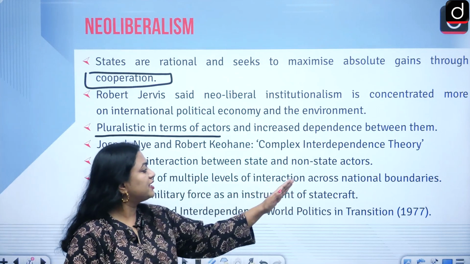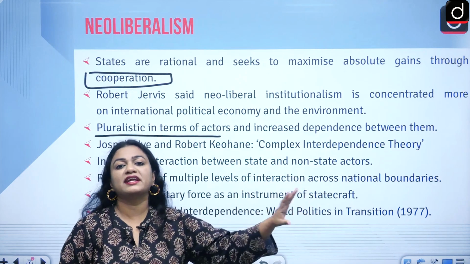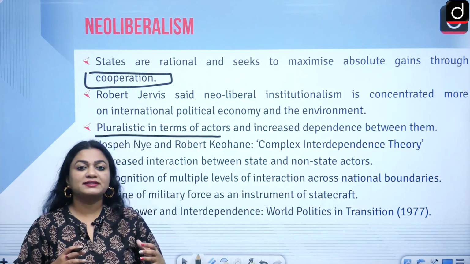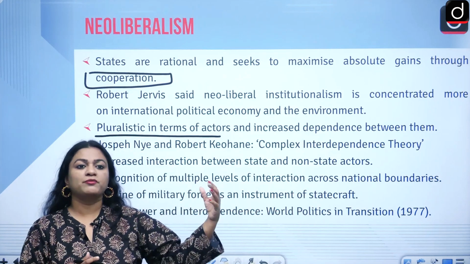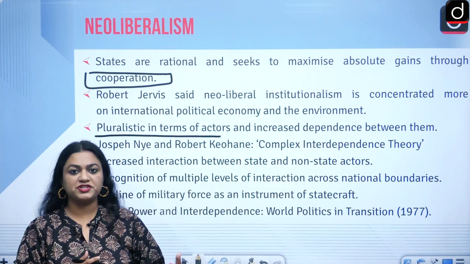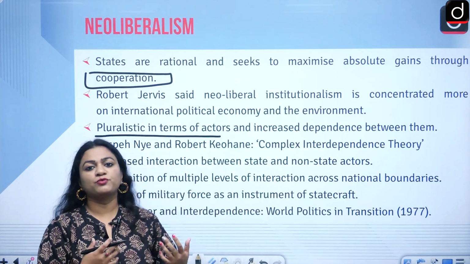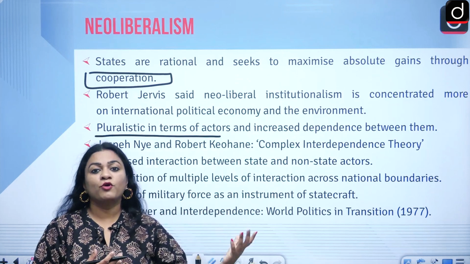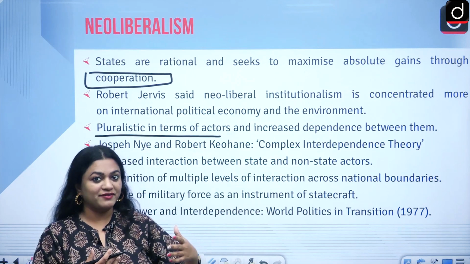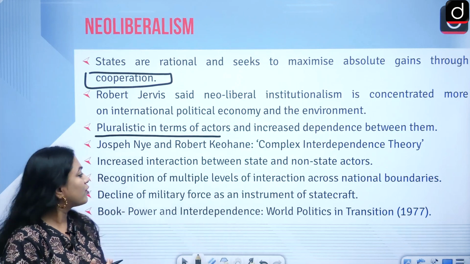Recognition of multiple levels of interaction across national boundaries. Now, you can see that there is more interaction, more and more countries are cooperating with each other, and it gives more understanding. It leads to more absolute gains rather than relative gains, and it leads to more cooperation.